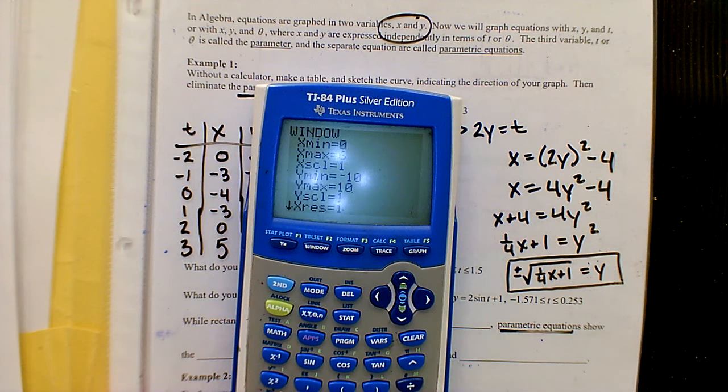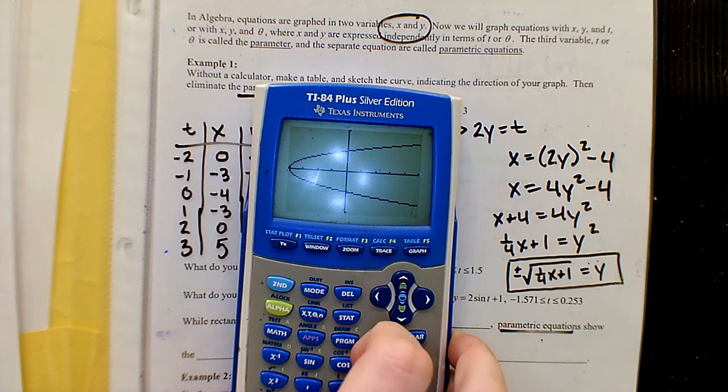Let's see, we said our window on our paper was -4 to 5, counting by ones. And on the x-axis, I think we did -2 to +2, counting by ones? So doesn't that look like the shape of the graph we drew?